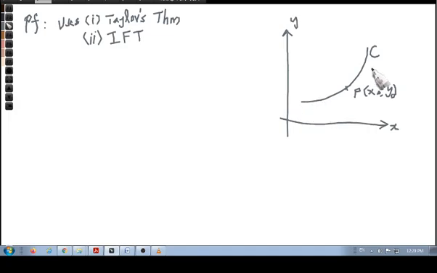So you choose another point Q, (x0 plus delta x, y0 plus delta y), lying on C.